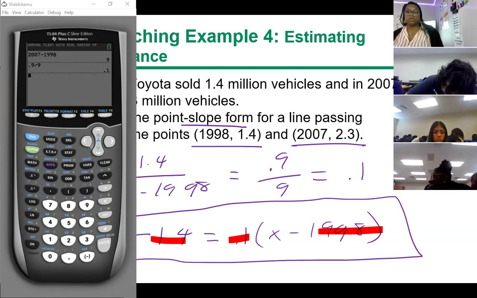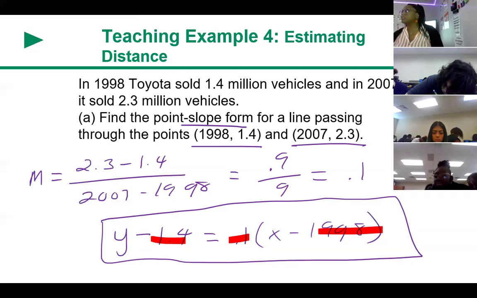Questions, comments, concerns? Okay, remember point slope form is your y minus y1 equals m times your x minus x1.